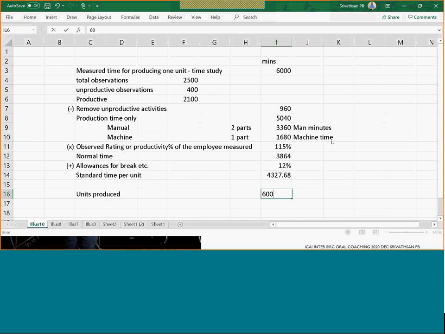Going a little further. In this we used 6,000 units. So they produce units, time per unit divided by 6,000.